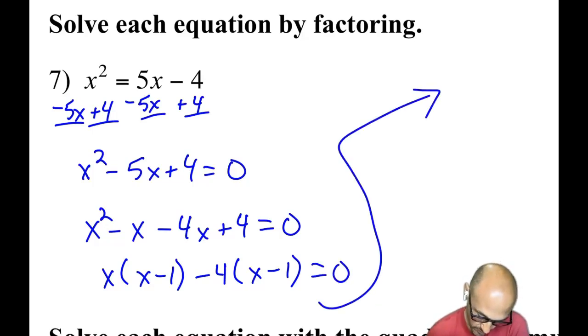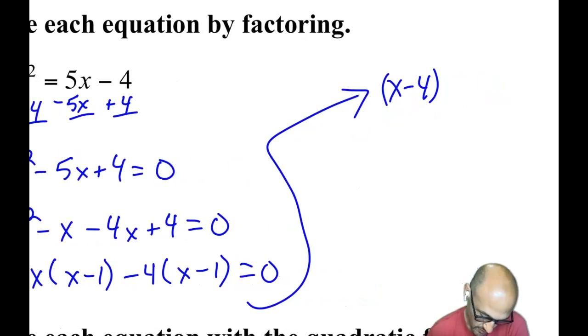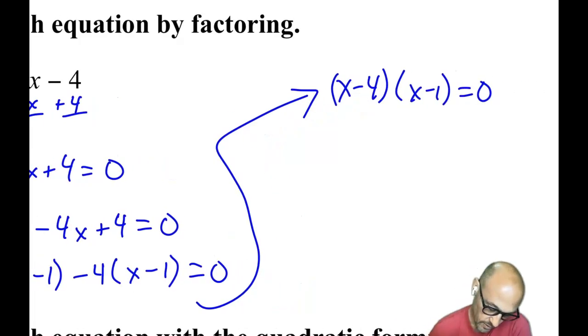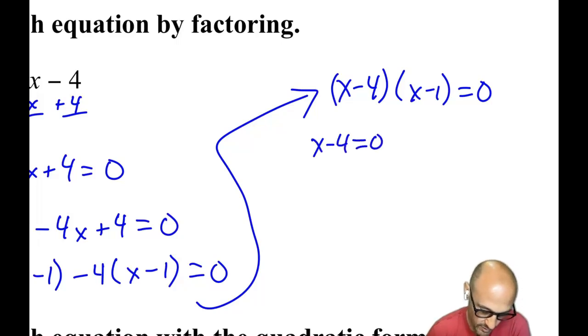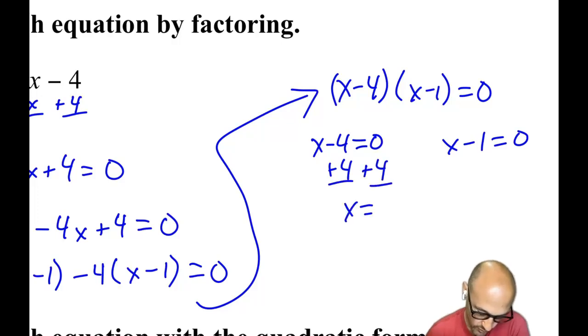Next step here is going to be, I'm going to take that x minus 4, and then we also have the x minus 1 equals 0. Okay, so now we have to take each of those binomials, x minus 4 equals 0 and x minus 1 equals 0. Adding 4 to both sides, we get x equals 4. Adding 1 to both sides, we get x equals 1.